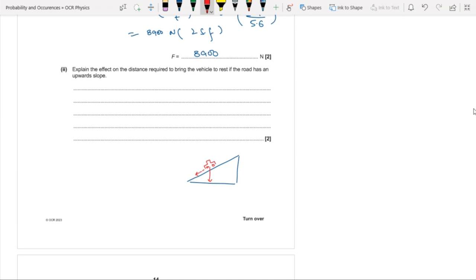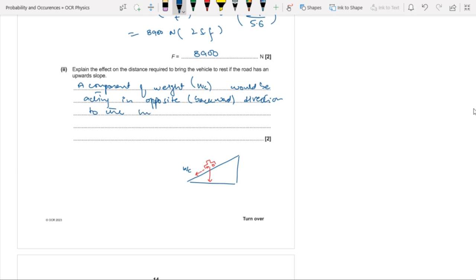So the distance required to bring the vehicle to rest would be lower because a component of weight, we should name it something like W sub C, would be acting in the opposite or backward direction to the motion of the car, and hence the total distance required to bring the vehicle to rest would be lower.